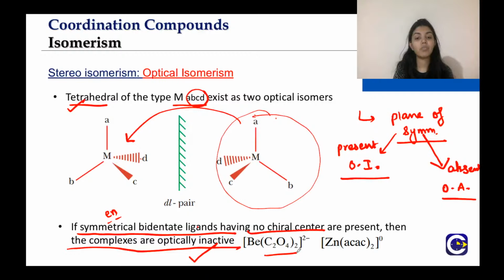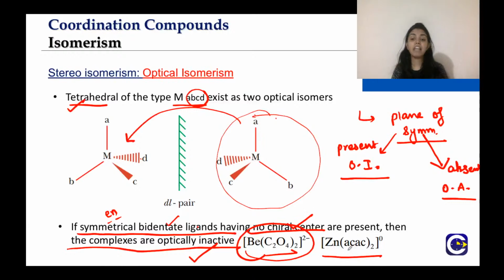So oxalate is what? A symmetrical bidentate ligand, and also it does not have a chiral center, therefore it is inactive because a plane of symmetry will pass through it. Similarly for zinc acetylacetonate also, it will have a plane of symmetry passing through it, therefore it will also be optically inactive, right?